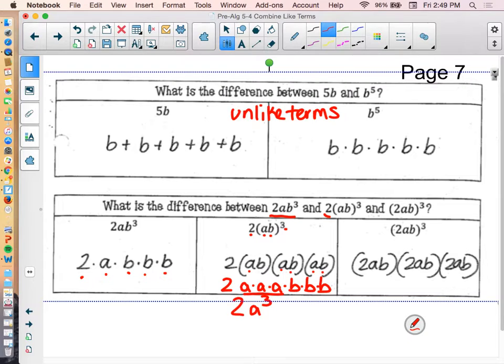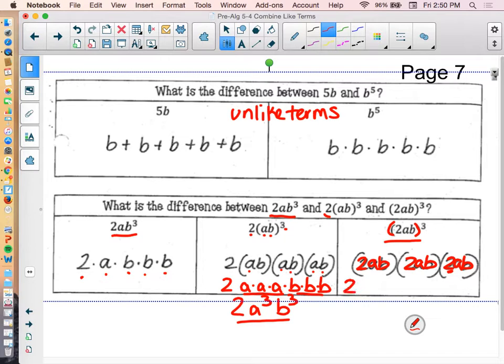So 2a to the third. And b times b times b would be b to the third. So notice this is different from 2ab cubed. If we have the quantity 2ab, the whole thing cubed, notice that means 2ab times 2ab times 2ab. So the 2 also has to get cubed.